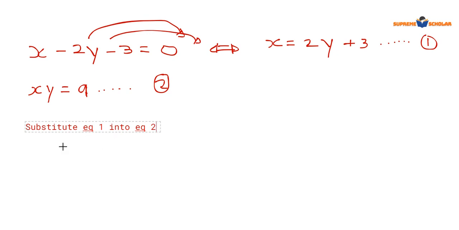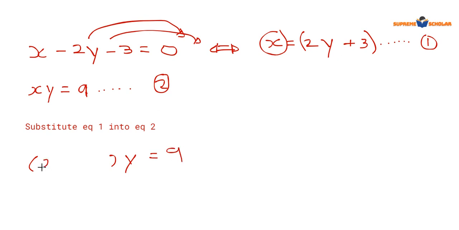And what do we get then? Well, if we take this value and substitute it into the x over there, then instead of having the x, we will have 2y plus 3 multiplied by y is equal to 9, right? So that's what we have over there.